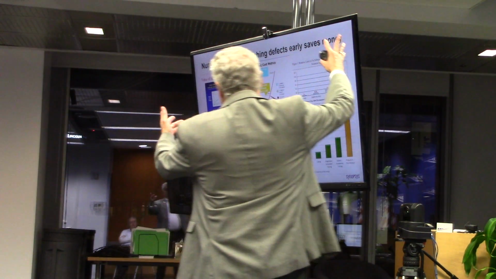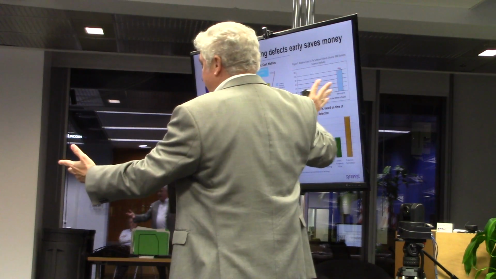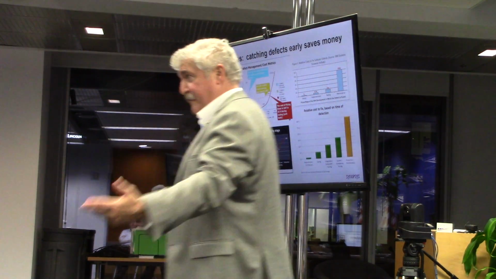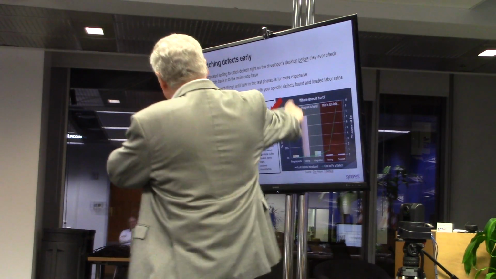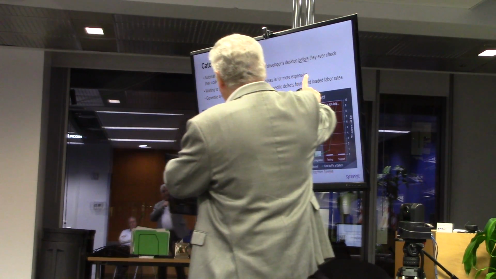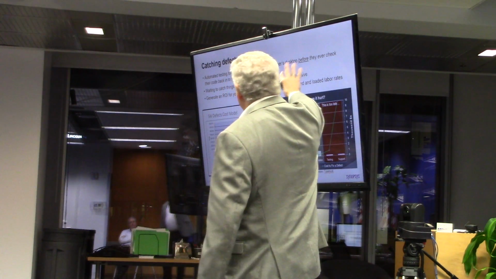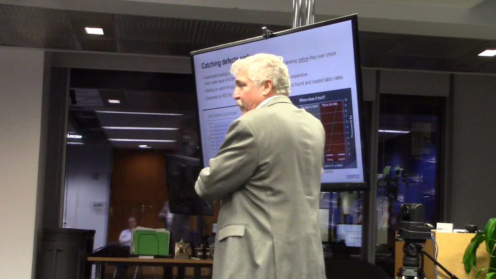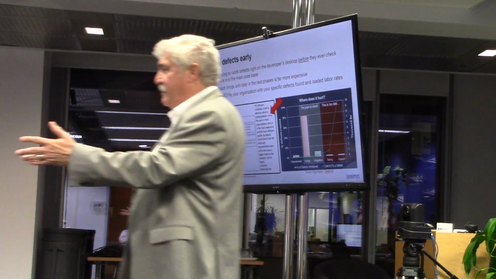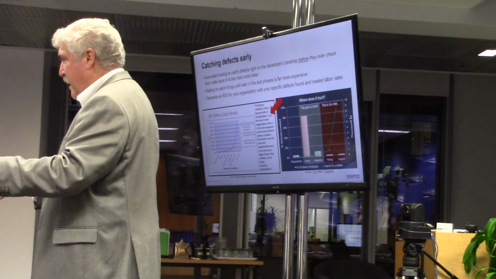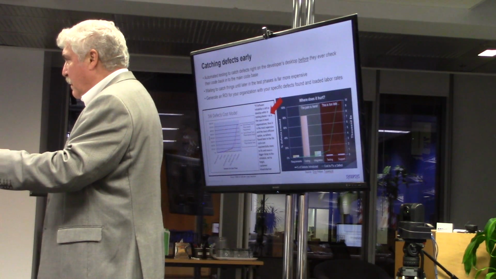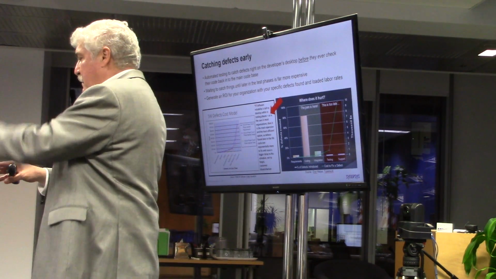So there are numerous studies that say catching defects early saves money. You all know that, but we can give you more studies if you need them. The idea is that by catching defects early, you put it on the developer's desktop. With Coverity, we have, for lack of a better term, something like a spell checker. Your developers are keying in new code, and it flags a CWE.